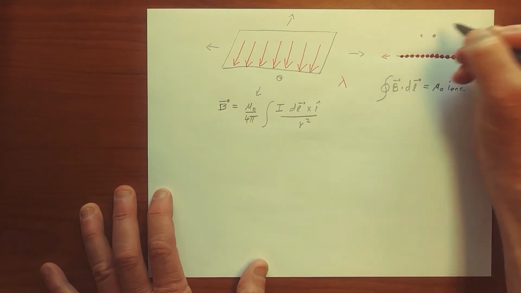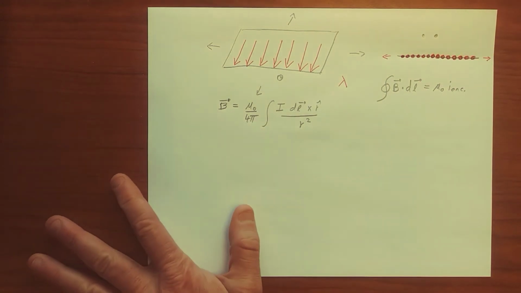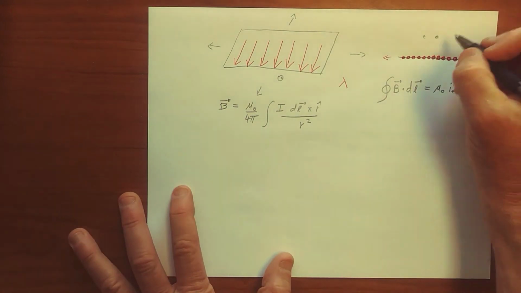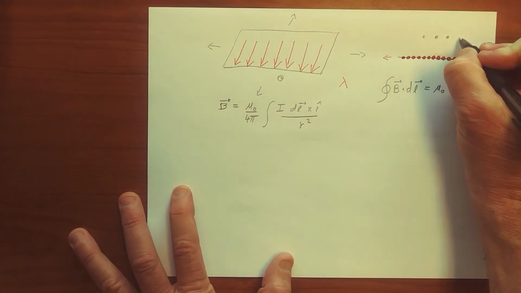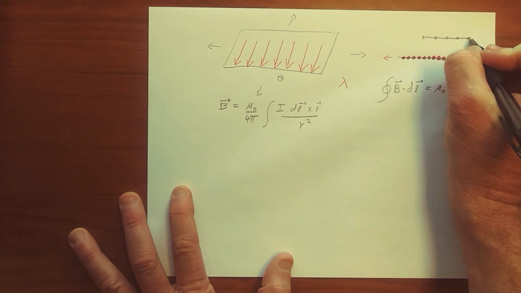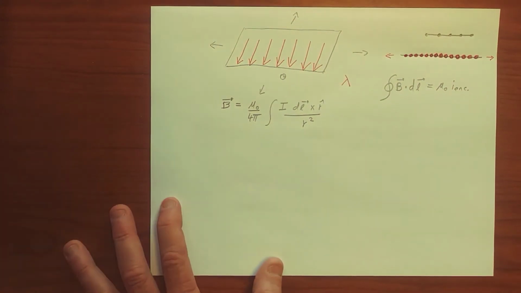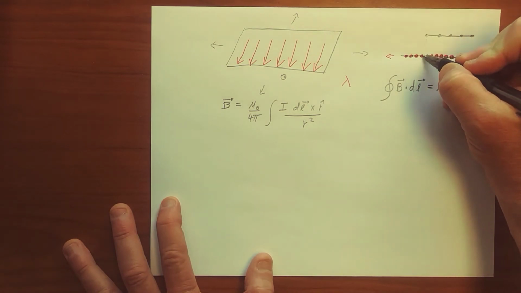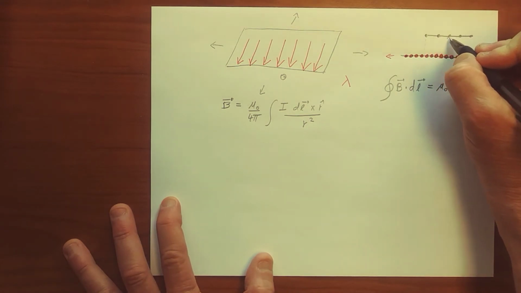And the direction of the field must also be the same there, because the current distribution that both of these points see is the same. And the same goes for all points at that same distance. So I can include that as part of a line. Let's say we are at a distance D from the plane.